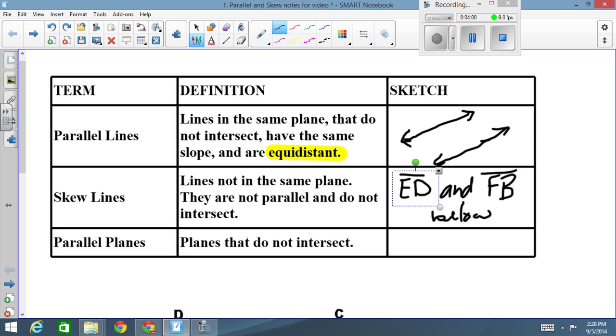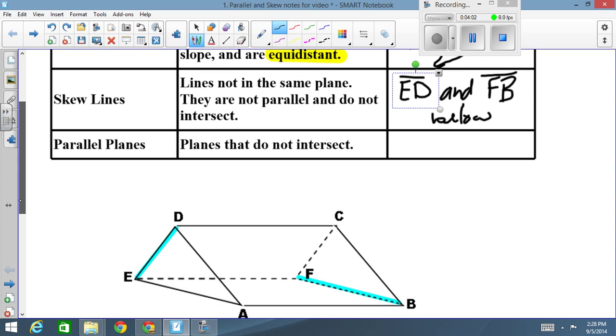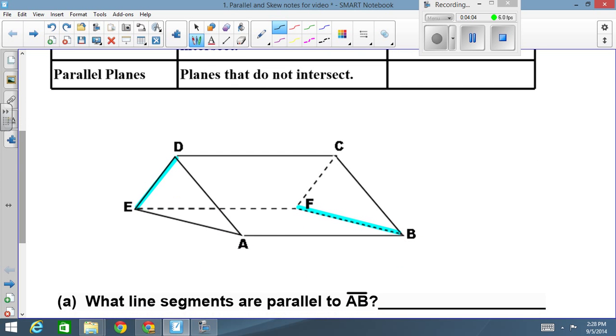It's a good way to keep in mind what those are. Parallel planes, these are planes that do not intersect. So think about like when we're in the classroom, you have a plane that would be like the wall that's behind you, and a plane that would be the wall that's in front of you. And those two walls, if you extended them onto infinity, they go on and on forever.